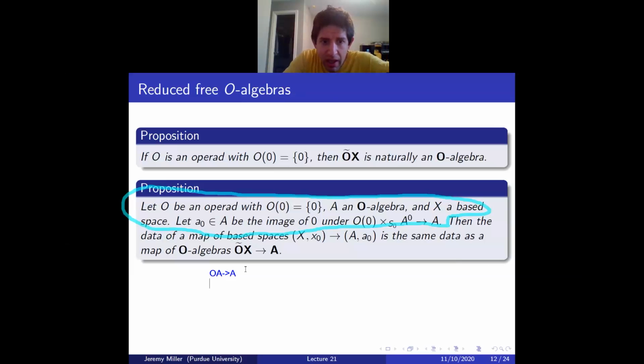That means for each k, you get a map from O(k) times A^k, crossed over the symmetric group. We can just forget crossed over the symmetric group. Yeah, I guess we'll get a symmetric group invariant map if you'd rather.